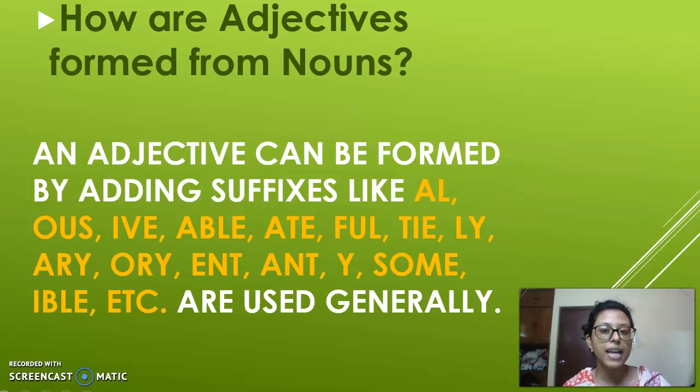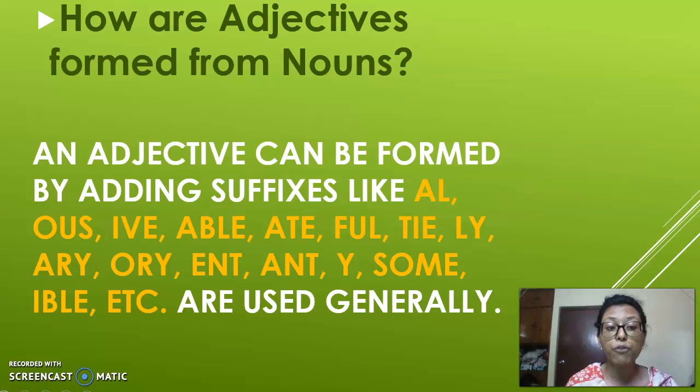After that, we will get into more details as to what nouns are, what adjectives are, and how we transform them. To start off with transforming a noun to an adjective or vice versa, adjective to noun, the first point we are going to deal with is how we can form an adjective from a noun.